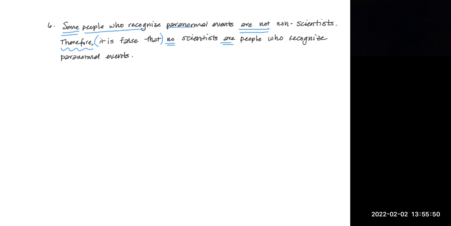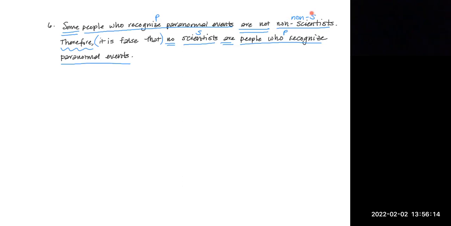I'm just going to go ahead and call people who recognize paranormal events P. These two terms are the same, but look, we have scientists S and non-scientists, which would be non-S. I just want to remind you that when you see an are not non, it doesn't cancel itself out. It's not a double negative, so to speak.